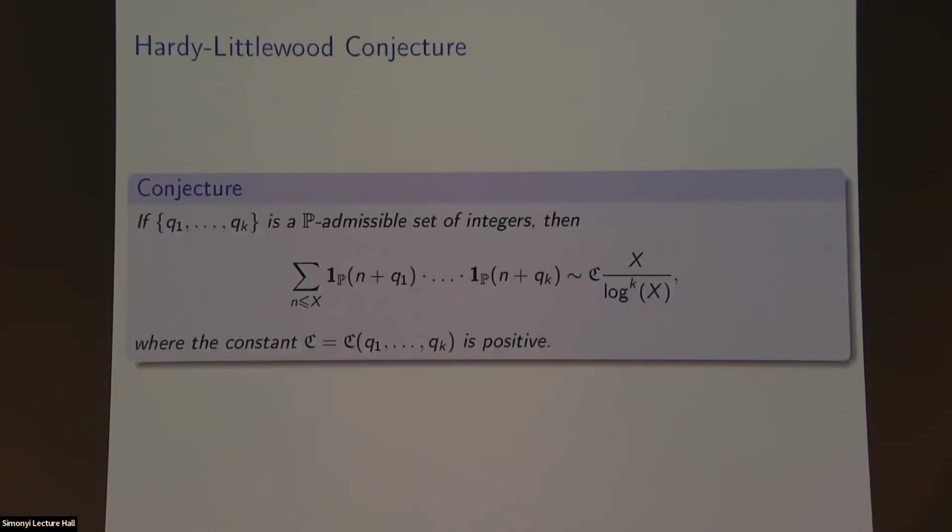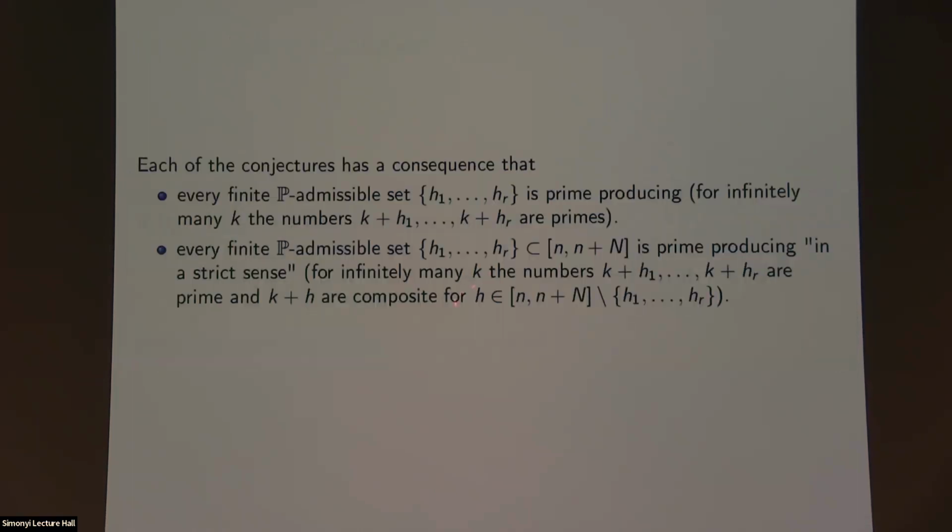That is, for infinitely many k, the numbers k plus h1, up to k plus hr are prime, but the numbers k plus h are composite for h taken from this interval from which we subtract the chosen set. So this strict sense depends on the interval in which we consider the set.